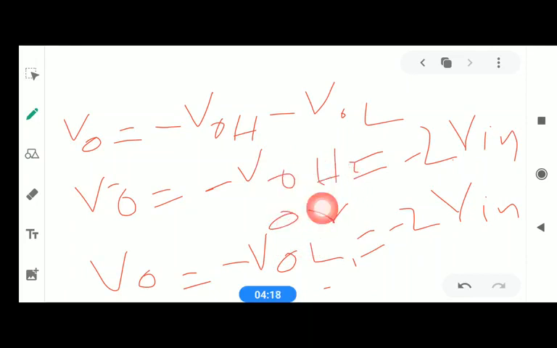When there is a pass band for the low pass filter, that is the stop band for the high pass filter, and the pass band for the high pass filter is the stop band for the low pass filter.